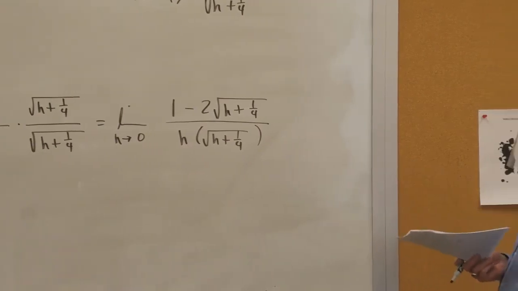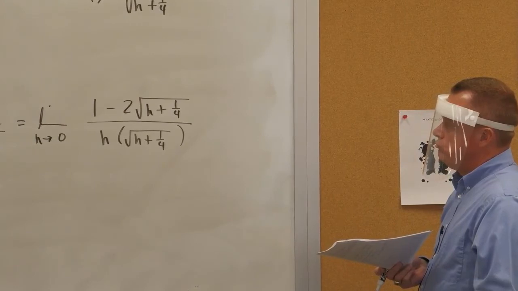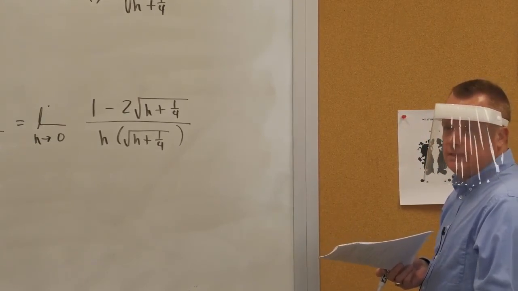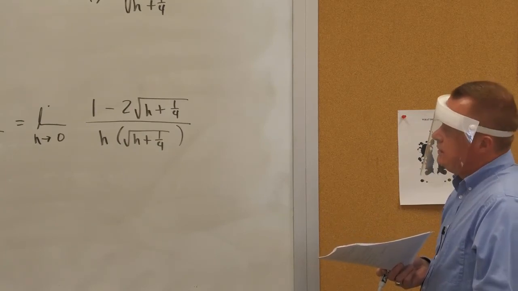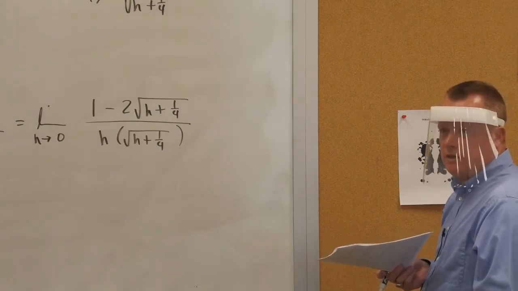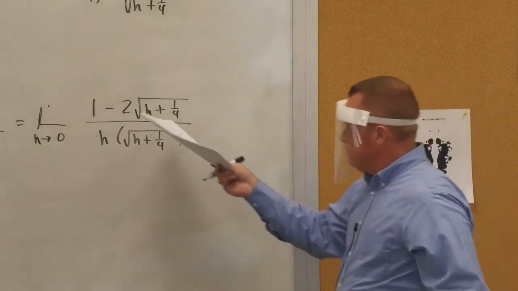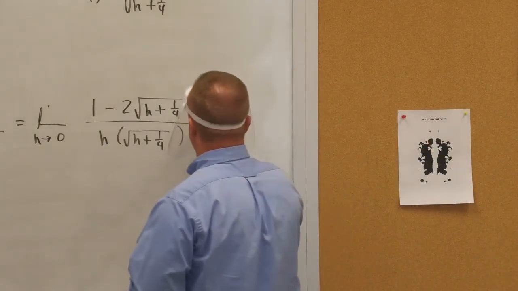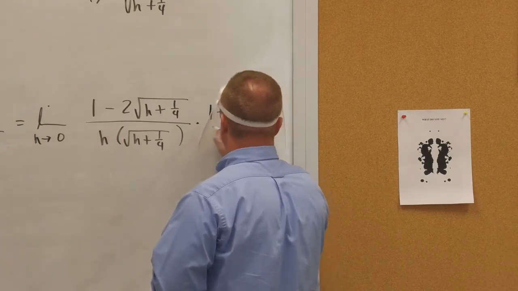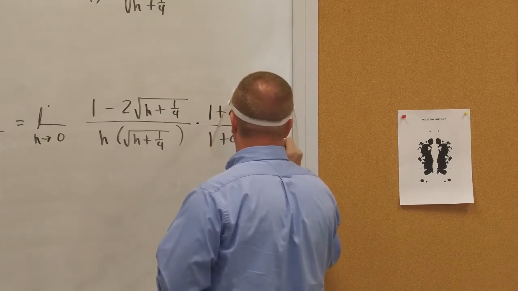Now still when I plug 0 in, I still get 0 over 0. So what now? Well, what did we do last time we had a square root in there? Multiplied the top and bottom by its conjugate, right? Multiply by the conjugate of the top: 1 plus 2 root h plus 1/4 over 1 plus 2 square root h plus 1/4.